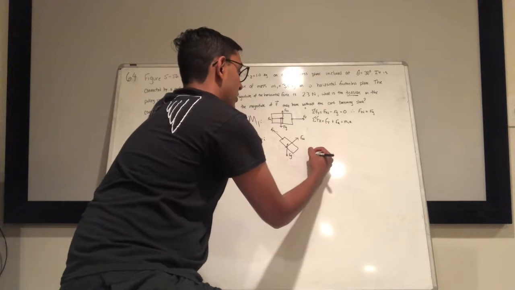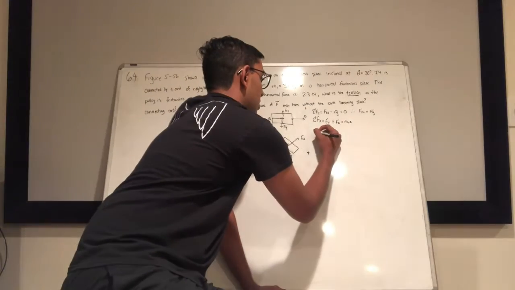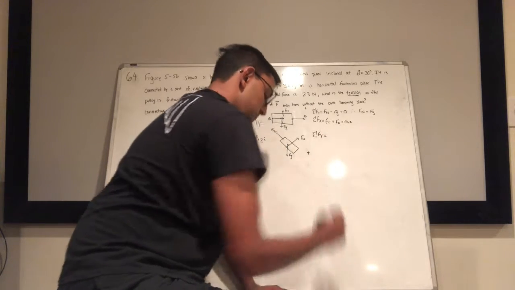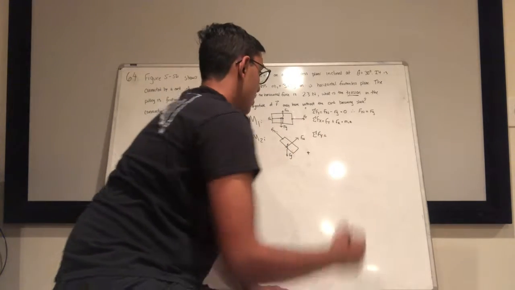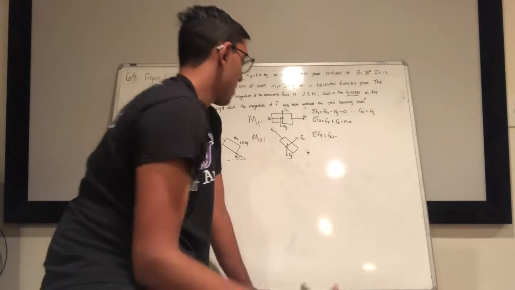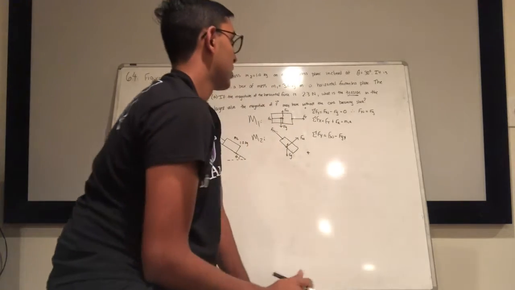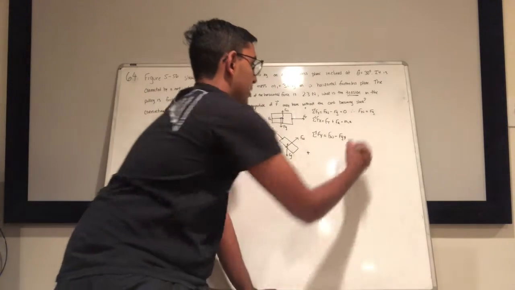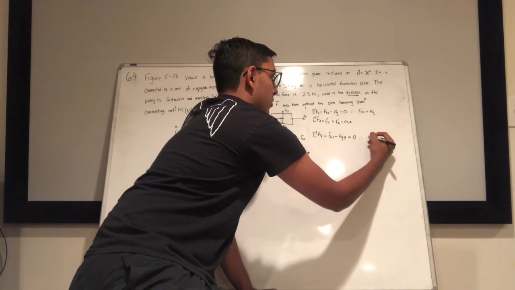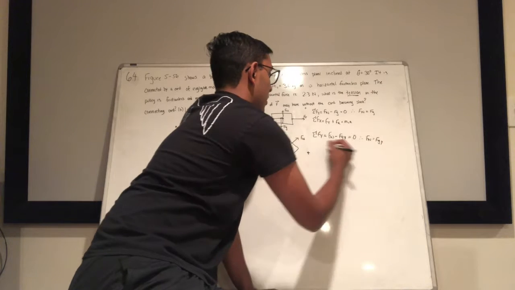And we'll call down and to the right positive. So here, sigma Fy is equal to Fn minus Fgy, and that is equal to 0. Therefore, we know Fn is equal to Fgy.